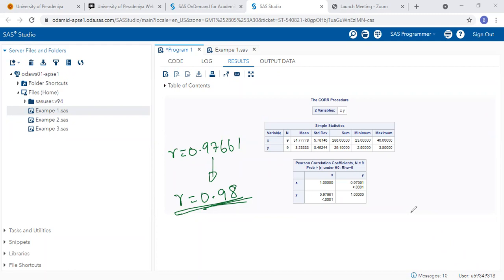What is the other possibility? He has missed out one part: minus 1 to plus 1. That is what you have missed. Now only you have seen the notes. Good.